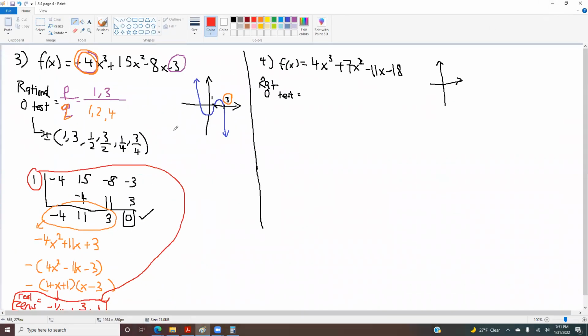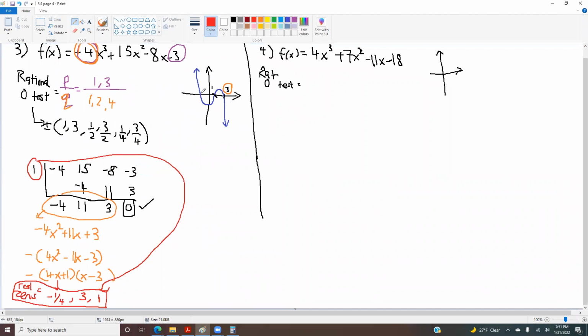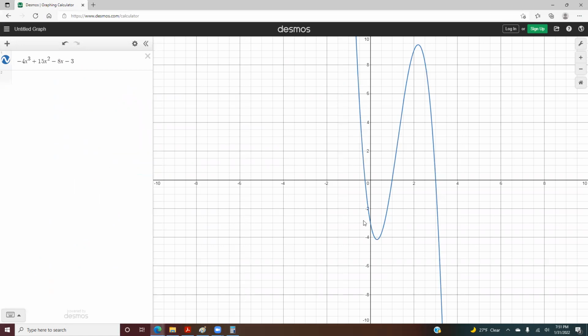The good thing about this, class, is make sure if a graph is provided to you, you use the zeros. And another addition I want to add about the graph, which you learned in your previous section: if your graph is crossing, it means your power is odd, meaning 1. That means they only have 1 power each.